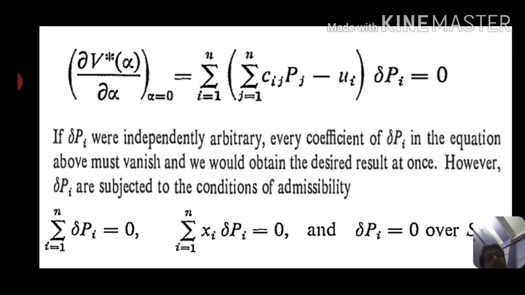Since both 5 and 6 must be satisfied by delta Pi, it is necessary that Cij Pj minus Ui plus lambda plus mu xi equals 0, where lambda and mu are the constant Lagrangian multipliers.